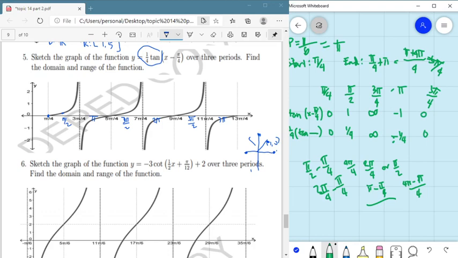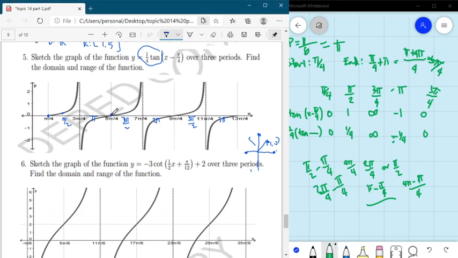Therefore, 0 here. Here is the negative 1 part. Okay, then follow the pattern up to 13 pi over 4, since it's 3 periods. So the same pattern.